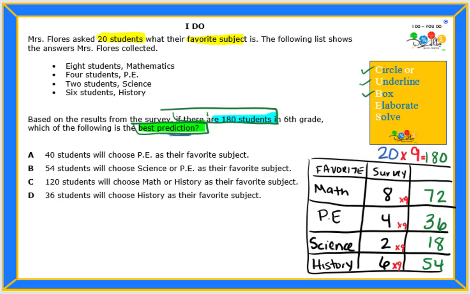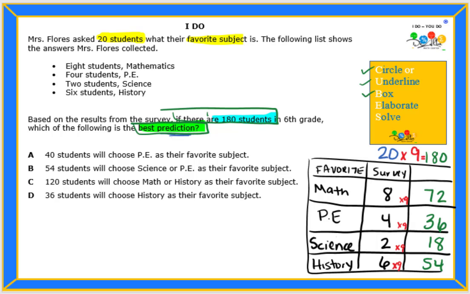So again, the 180 students we are looking for is 9 times the amount of the students we surveyed. So we predict that each answer is going to be 9 times as much. It's not going to be exact because we don't know what the actual people are going to choose as their favorite, but we're making a prediction based on the students that we already asked.